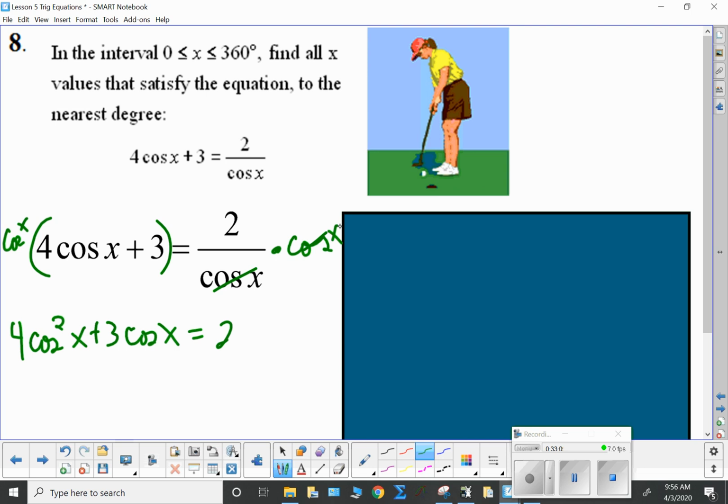Cosine x's cancel. Then I'm going to subtract the 2. Now I can try factoring. If it factors, great. If it doesn't, quadratic formula. Pause the video and finish this one.